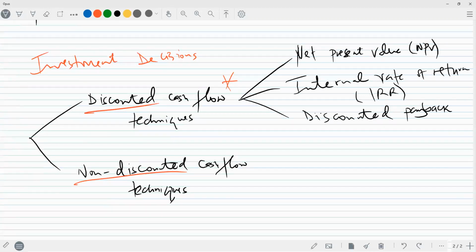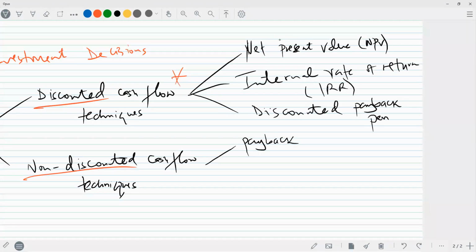Then in the case of non-discounted cash flow techniques, you're going to use 2 methods. We have payback period. This is discounted payback period, and this one is payback period. It's not discounted, but simply payback period.